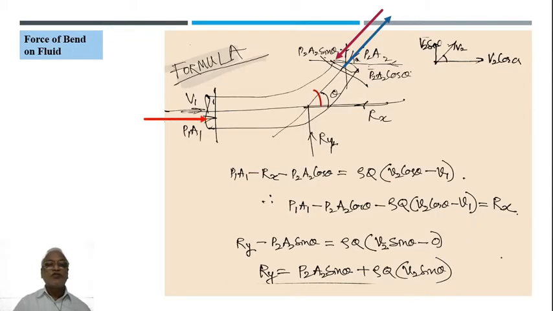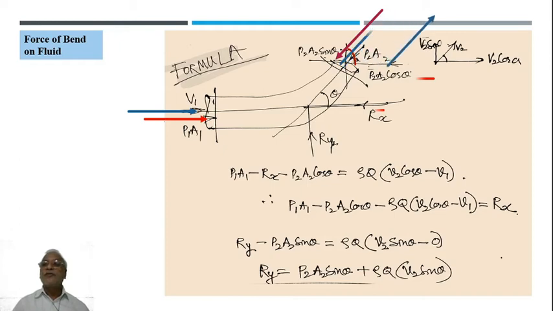So there is a pressure force, there is an external force Rx, the same angle theta we are talking about, and the component of the force P2A2 cos theta acts leftwards. So the flow with velocity V1 gets in, with velocity V2 it goes out, satisfying the condition A1 V1 equal to A2 V2.